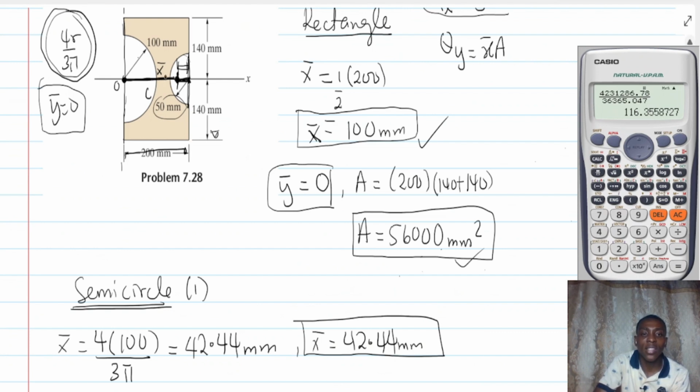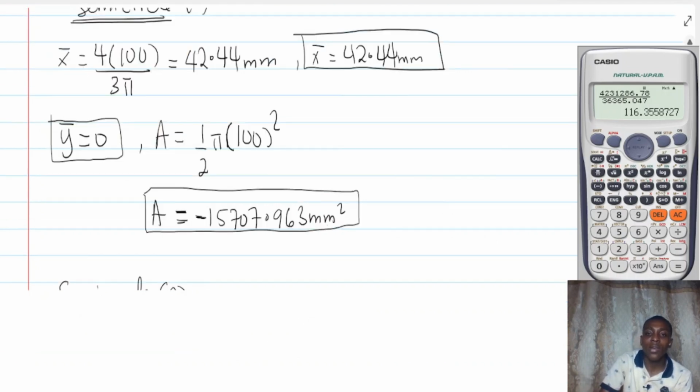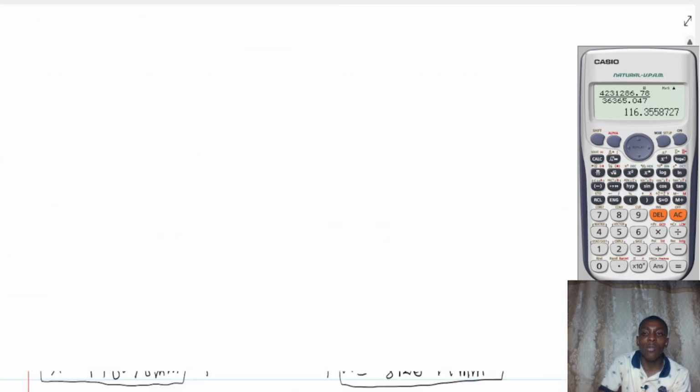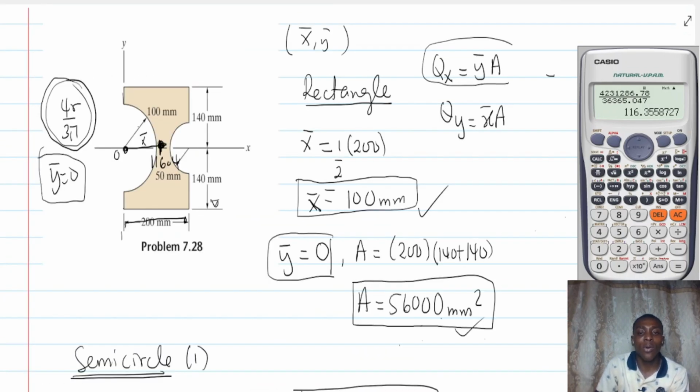So we are saying that our centroid is at a distance 116.4 to x bar. The y bar is already 0 millimeters. Okay. So 116.4 millimeters. All right. So this problem has been solved.